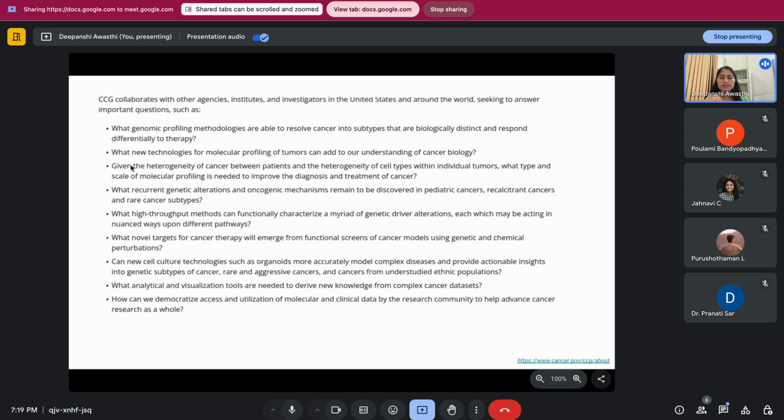And then the third is: given the heterogeneity of cancer between patients and the heterogeneity of cell types within individual tumors, what type and scale of molecular profiling is needed to improve the diagnosis and treatment of cancer? For example, firstly there are multiple types of cancer.